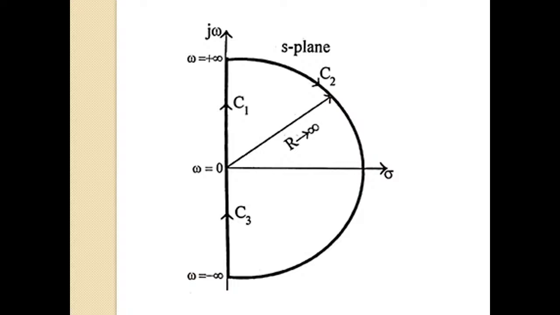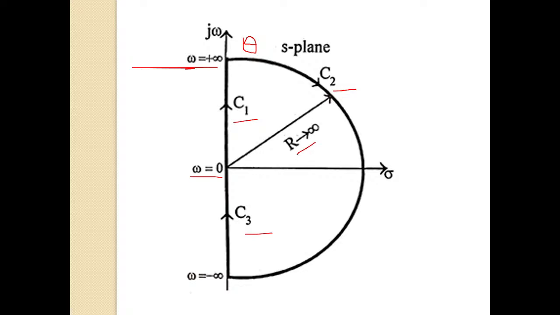So here we can see the Nyquist contour has three sections: C1, C2, and C3. For C1 section, omega varies from 0 to plus infinity. For C2 section, theta will vary since it is an arc.